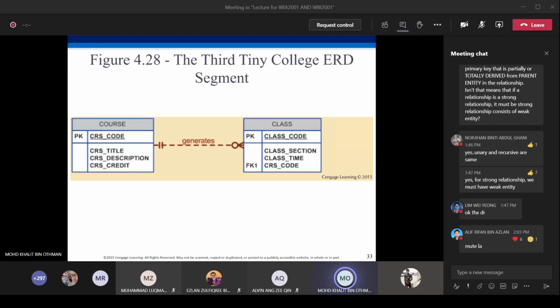The relationship is course generates class, and we have a one-to-many relationship between course and class, and the cardinality is 1-to-1 and also 0-to-many.